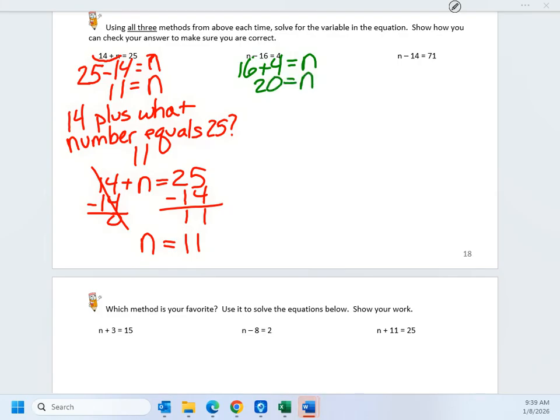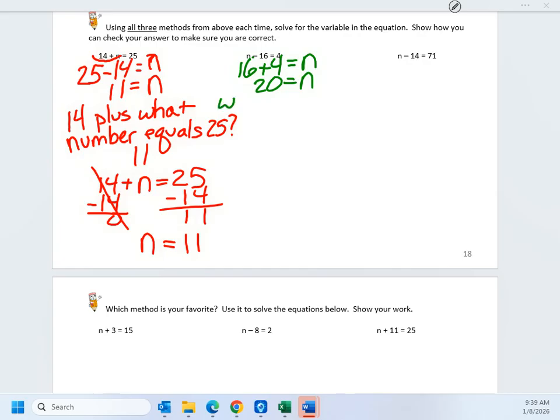Now remember, when we ask ourselves the question, we just put that verbal phrase in. Michael? A number minus 16 equals 4. So instead of saying a number, we say what number?